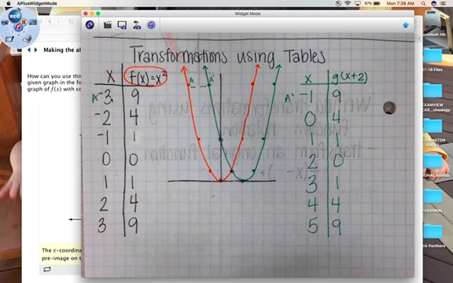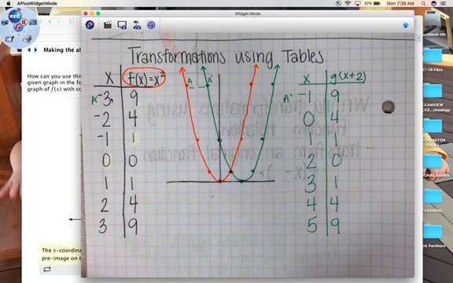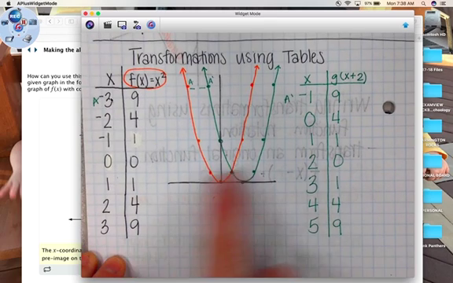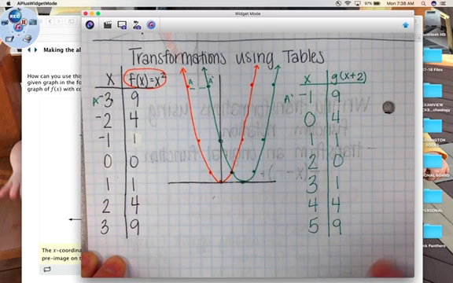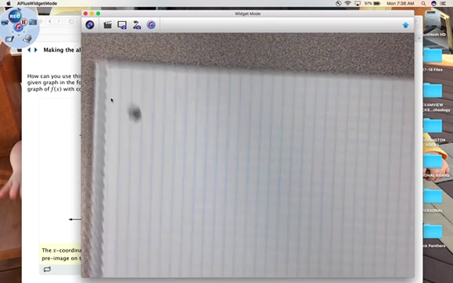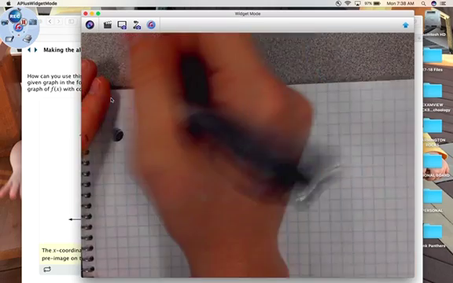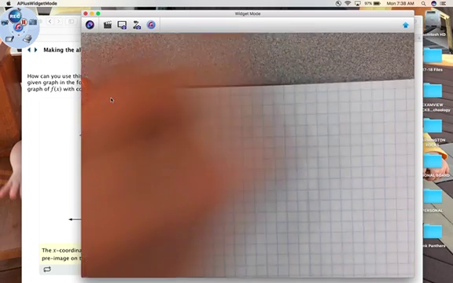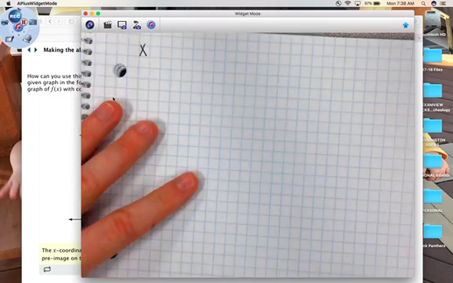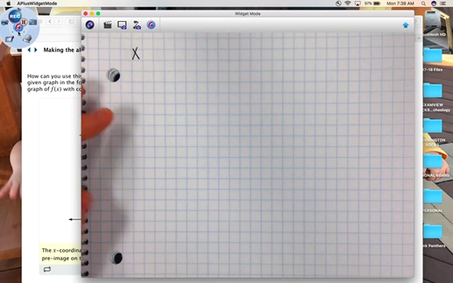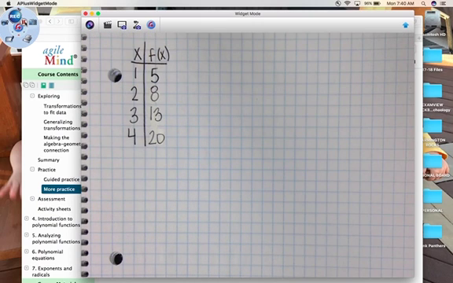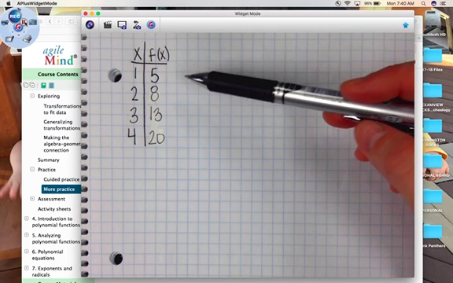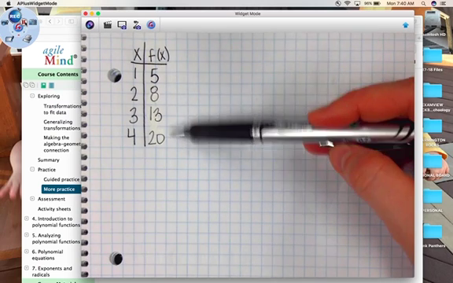Now, let's do a shift where it's not just h, it is a k value. So if I'm going to give you a table of x, I went ahead and paused it to write down this table.